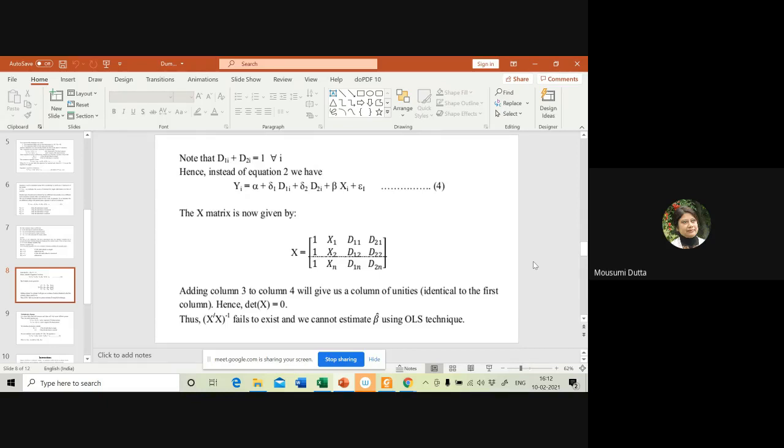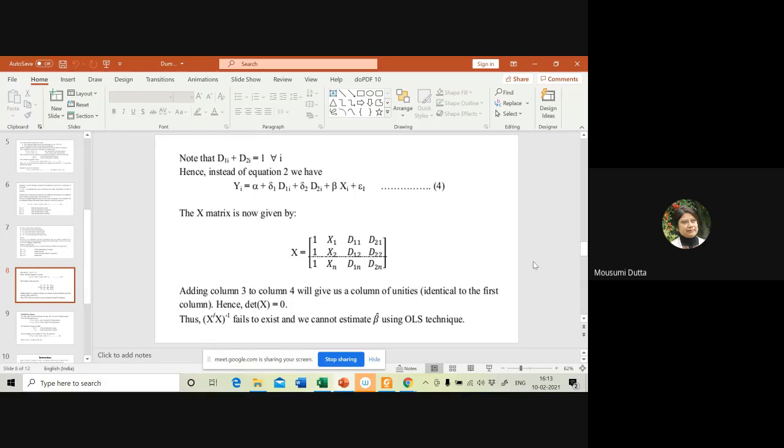So if I like to write the X matrix, it will be 1, then vertical dots. There are n observations. So 1, 1, dot, dot, then 1, x1, x2, dot, dot, vertically, then xn, d11, d12, it will move up to d1n, d21, d22, it will move up to d2n.